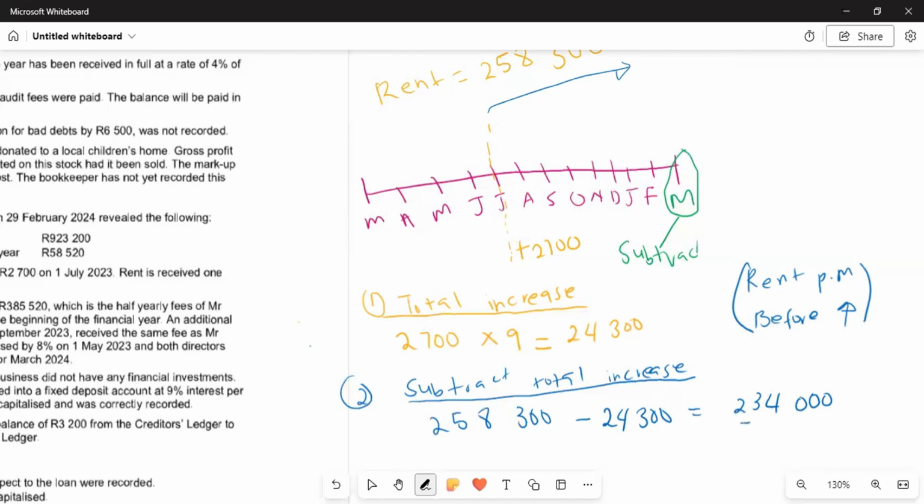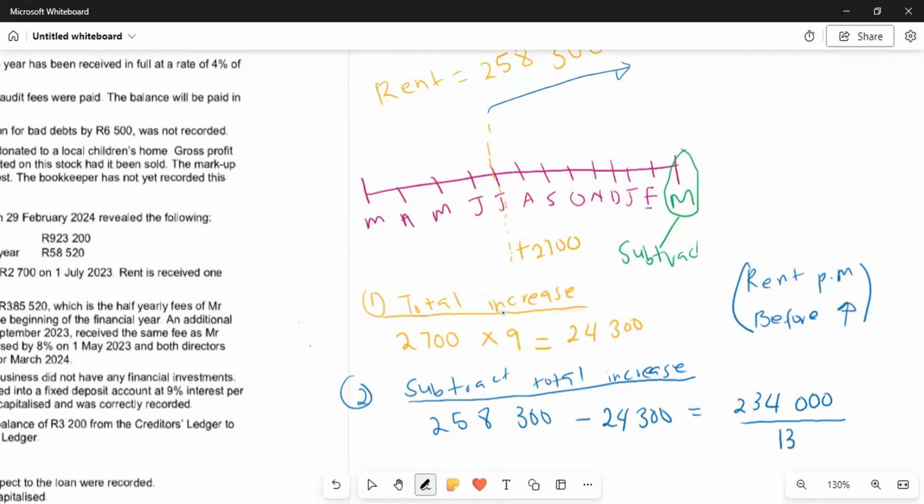So I'm going to divide this amount by the total number of months we received rent for. Now remember, we received rent up until March, right? And then our financial year ends on February. And up until this point, February, it's 12 months. But plus the additional 1 month, the total number of months, or you could just count them on this timeline, that would be equals to 13, right?